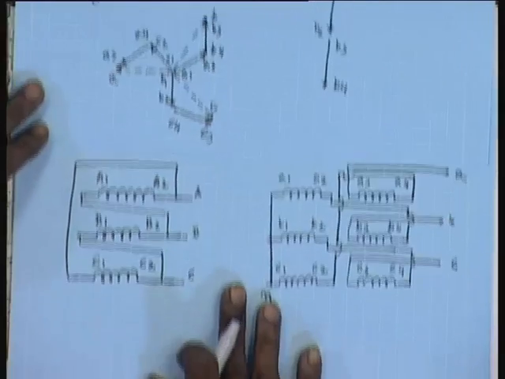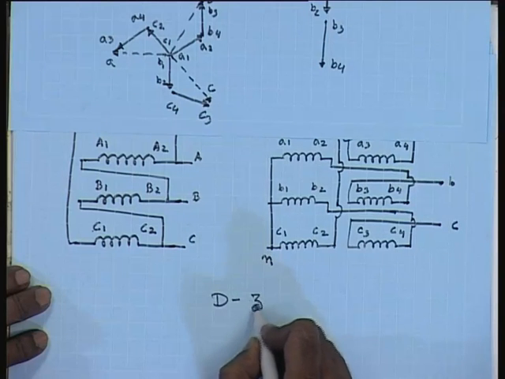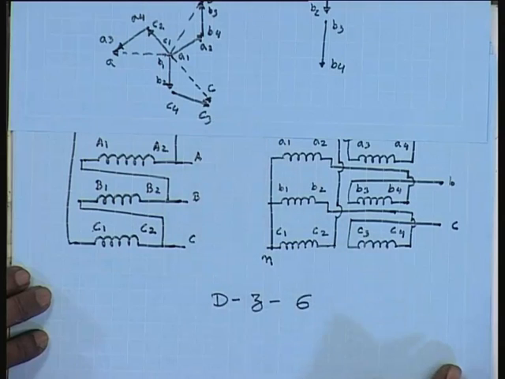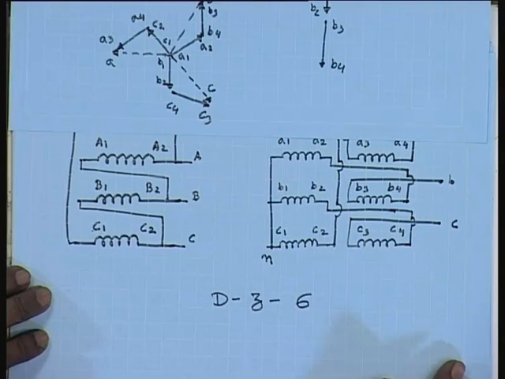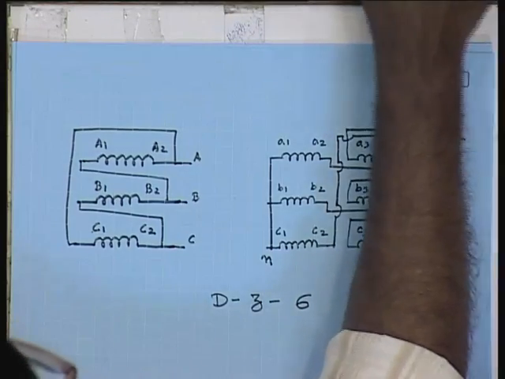So, this completes the connection of DZ 6. In similar manner, remaining connections can be easily drawn.